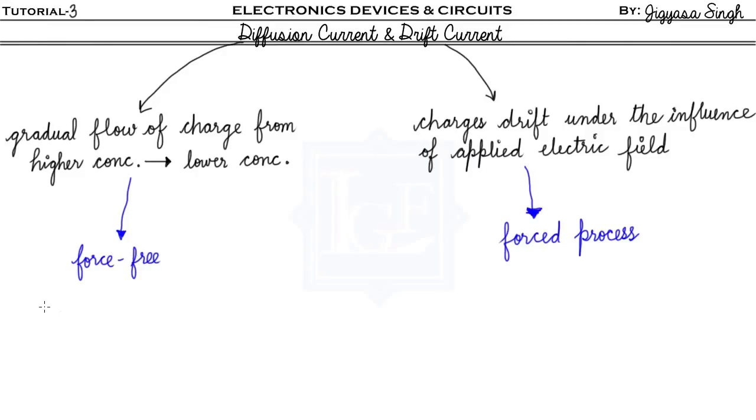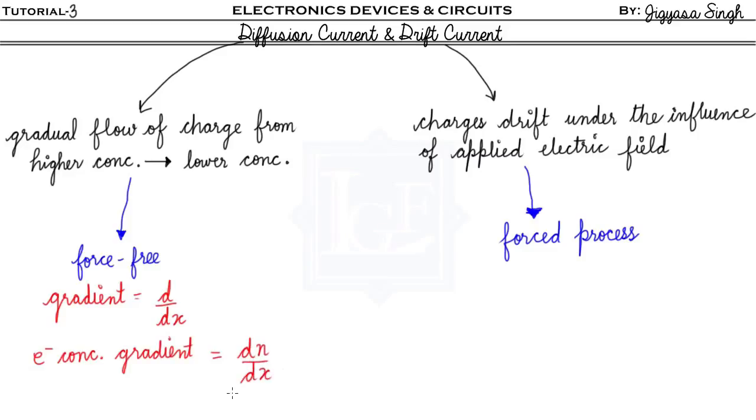So now the gradient is given by d by dx. Now what should be the electron concentration gradient? Electron concentration gradient will be simply dN by dx, right?